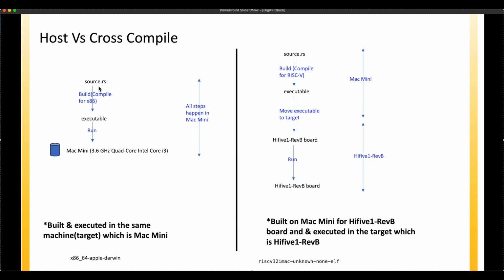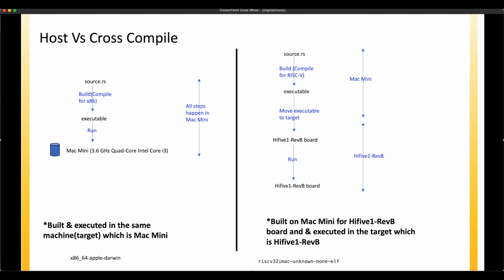For example, in host compilation, we have the source code built for x86, the toolchain and target are the same as the host machine, and once built, the executable is run on the host, which is my Mac Mini, an x86-based Intel Core processor. It is built and executed on the same machine.